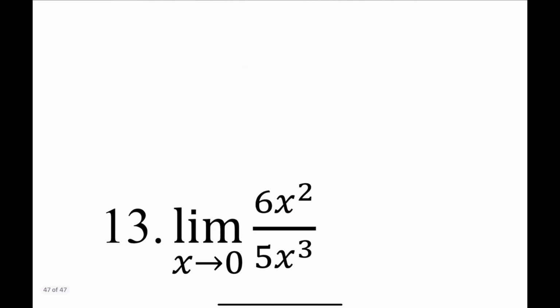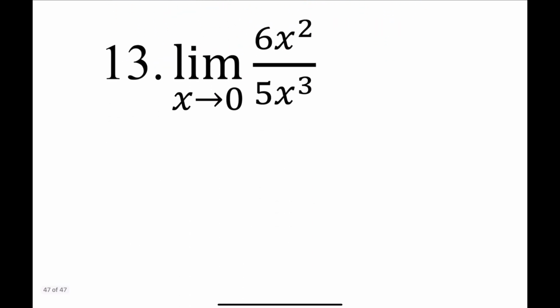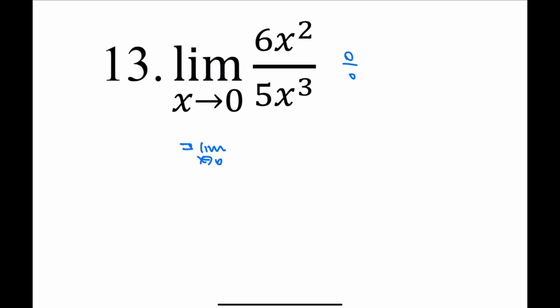And then number 13, we have limit as x approaches 0 of 6x squared over 5x to the third. So for this one, I'm going to try to factor out. Obviously, we get 0 over 0, right? So let's try to factor this out. x squared times 6 all over 5x times x squared.